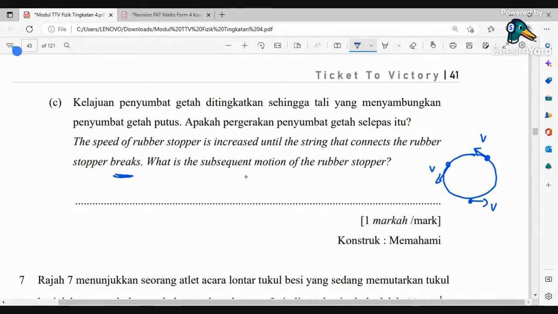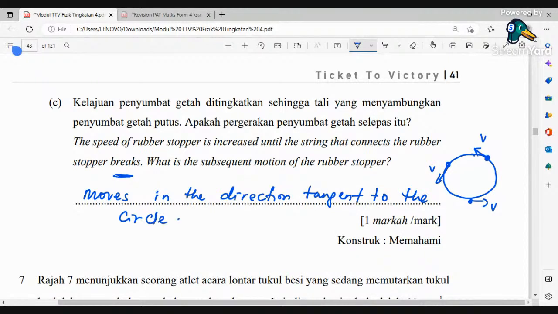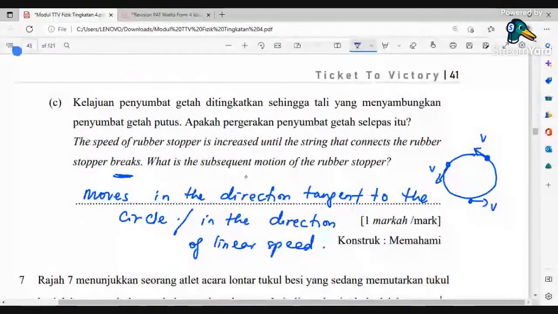So it will travel along the tangent to the circle, in the direction of linear speed.